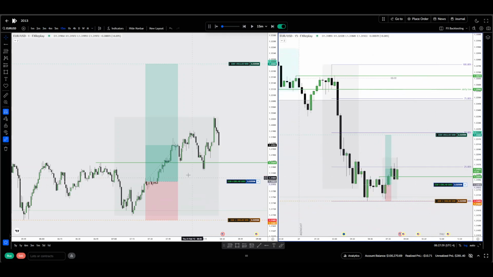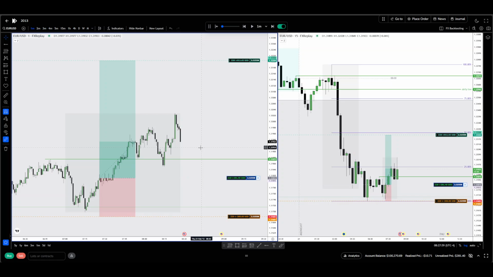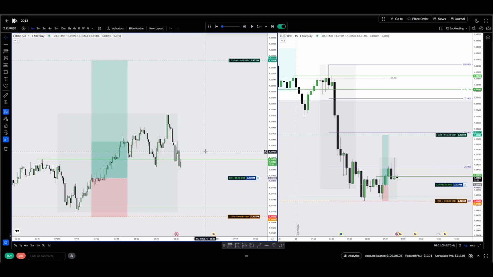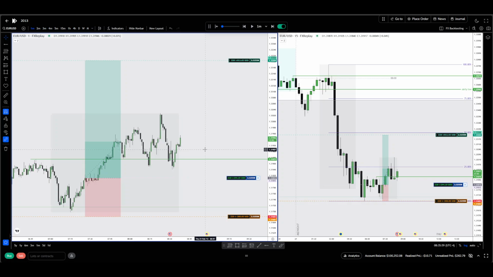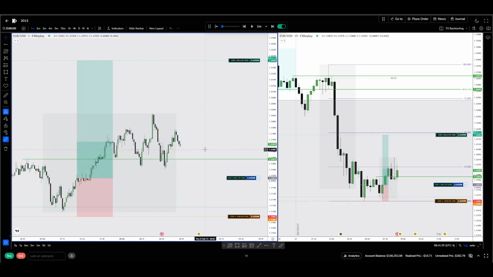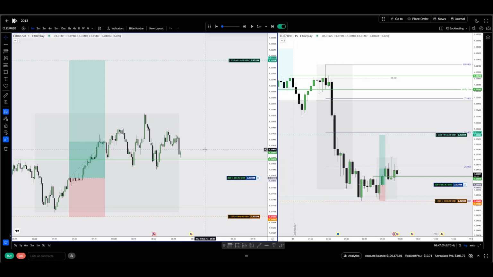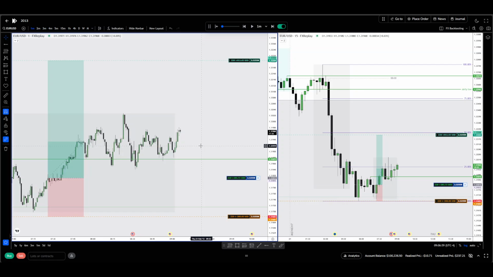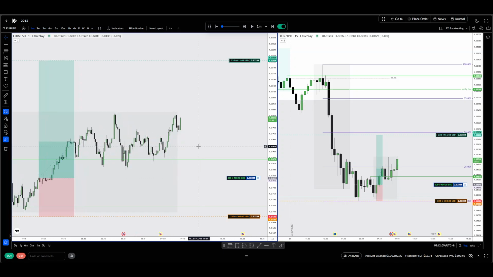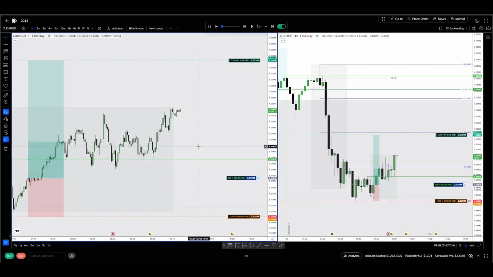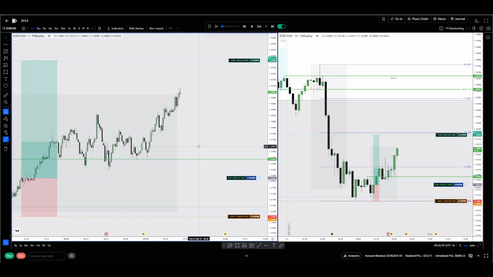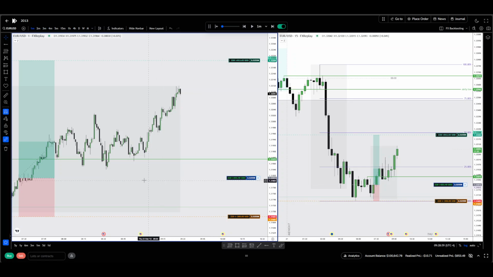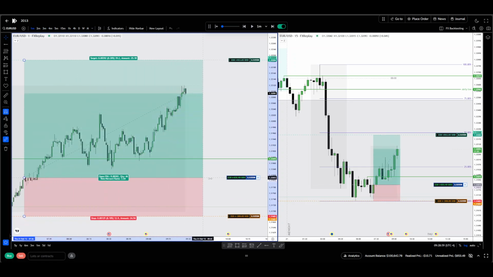Price kind of is consolidating, but yeah, let's see what happens. London was wild. Okay, so price is pretty far in, as you can see.